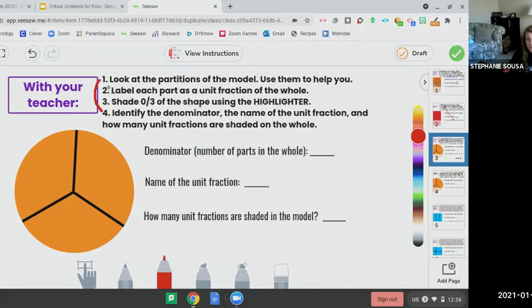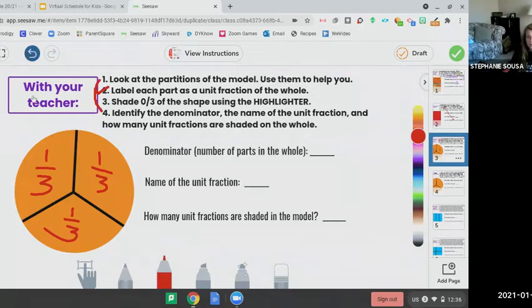So let's go ahead and label each part. I have 1/3 of my circle on this part. I have 1/3 of my circle on this part. And I have 1/3 of my circle on this lower part.